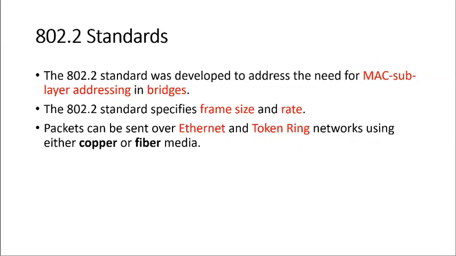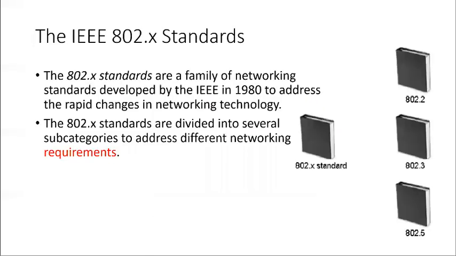So if you're using Ethernet or token ring technology, and the standard implemented is 802.2, then you have to use either copper or fiber media cable. So these are the IEEE 802.x standards.